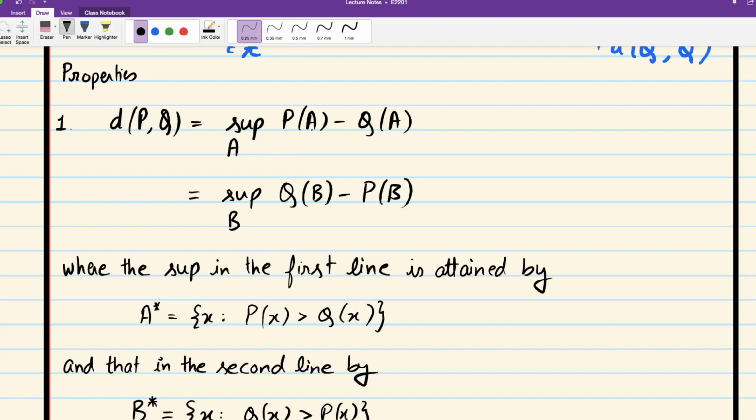So it is the maximum probability difference between two events. It's the maximum difference between probabilities of an event A under P and Q. That's what d(p,q) is. From symmetry, this is also equal to the maximum over B of Q(B) minus P(B). And therefore you can also show that this is equal to the sup over A of |P(A) minus Q(A)|. You can put a modulus here because the maximum will be attained by a non-negative quantity. This is also true.